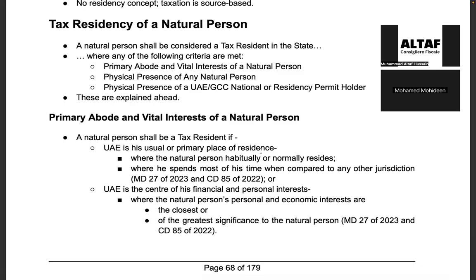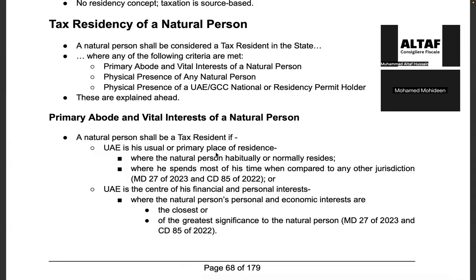You remember what was the first criterion that you saw in that document? Permanent home. Then the second one was vital interest, and the third one was habitual abode. That was the tiebreaker sequence.